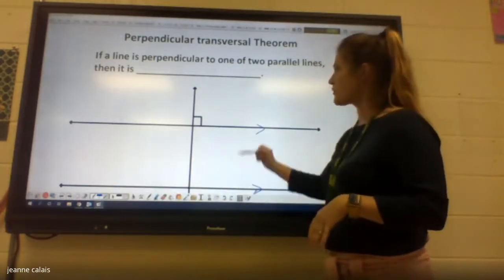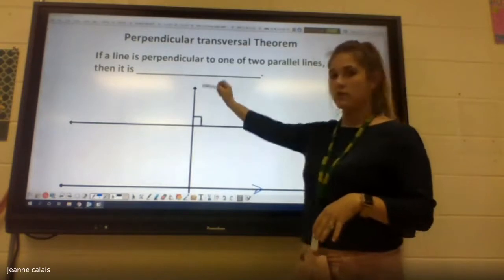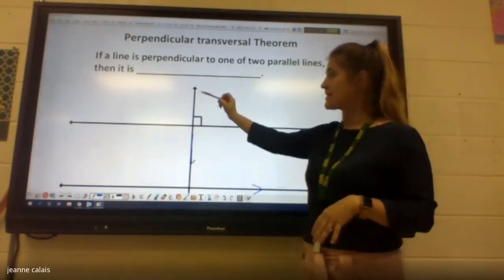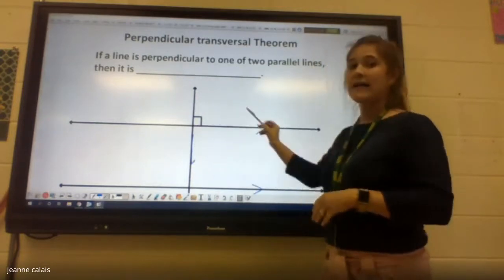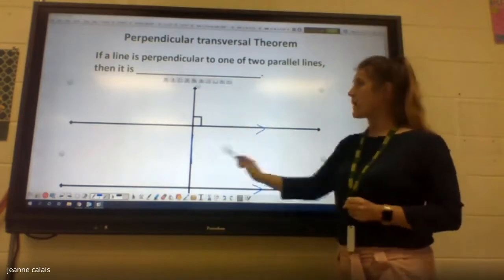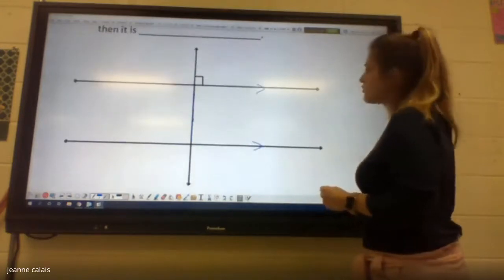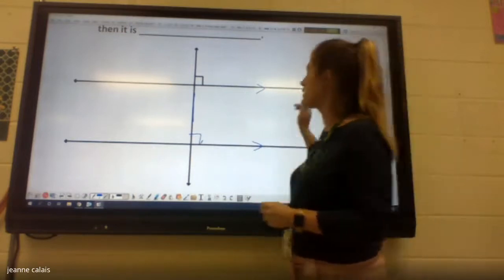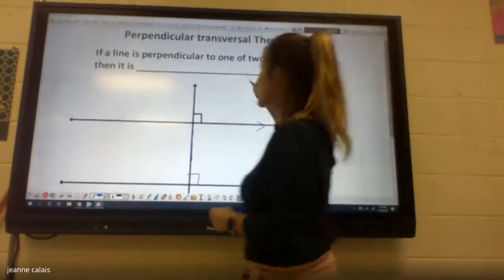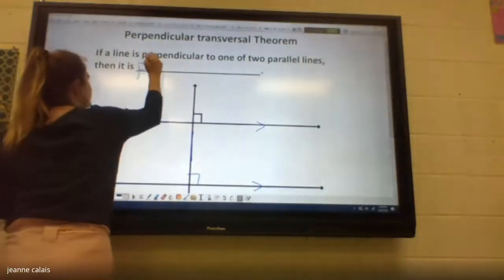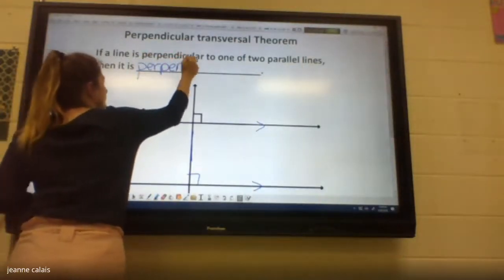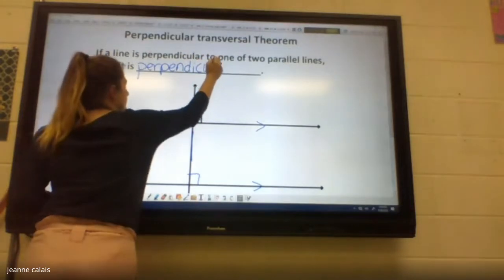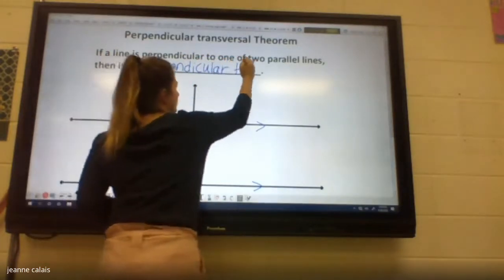If this transversal that passes through the first line is perpendicular, then it is also perpendicular to the parallel line. So this statement is perpendicular to the other.